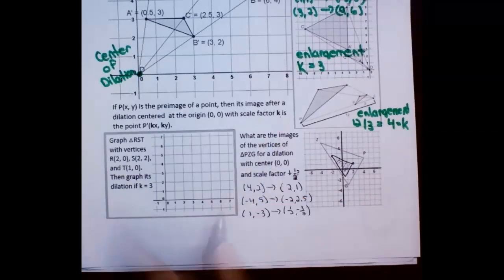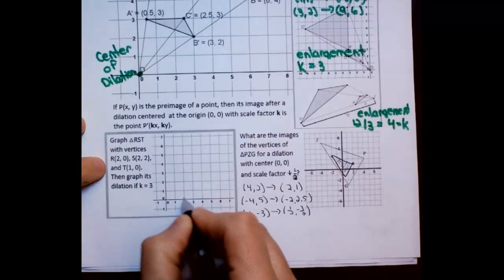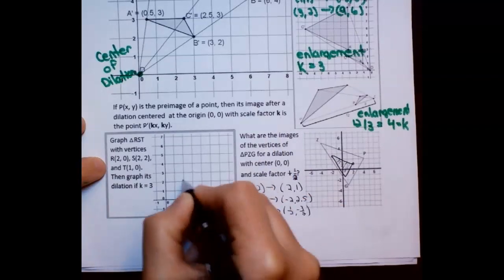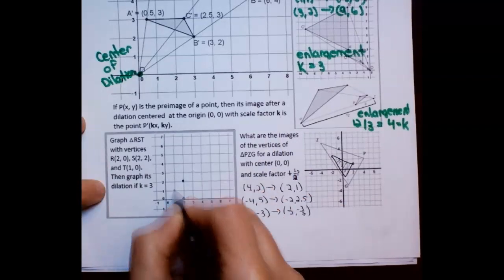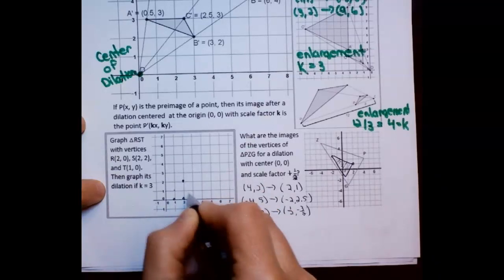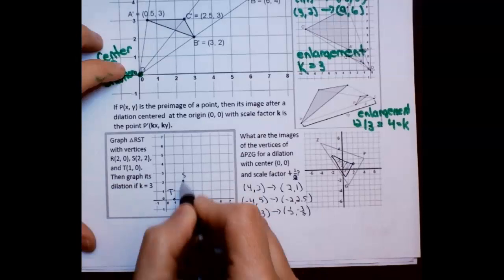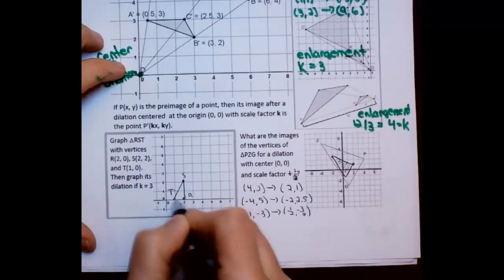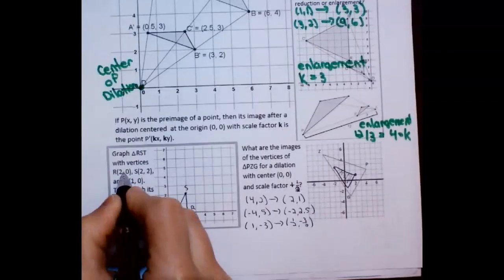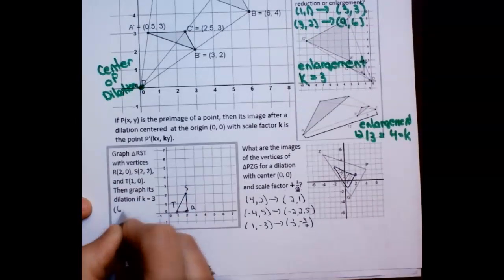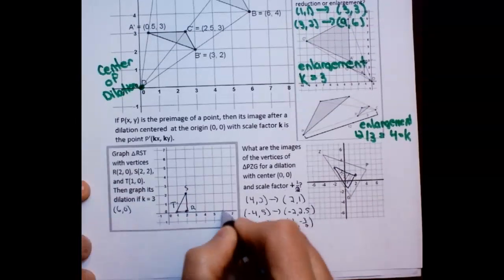So let's take this last example. We've got the point 2, 0, we've got the point 2, 2, and the point 1, 0. So this is R, S, and T, and they want us to apply a scale factor of 3. So let's go take this. That becomes the point 6, 0.